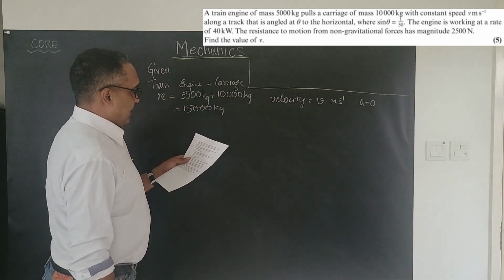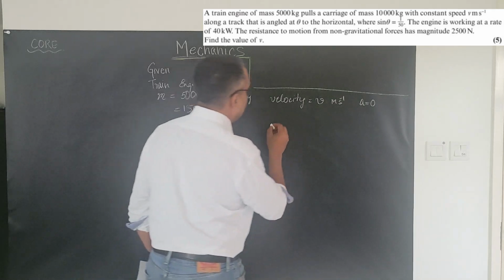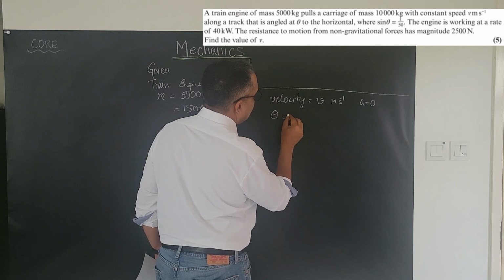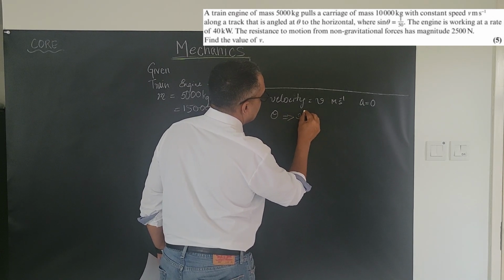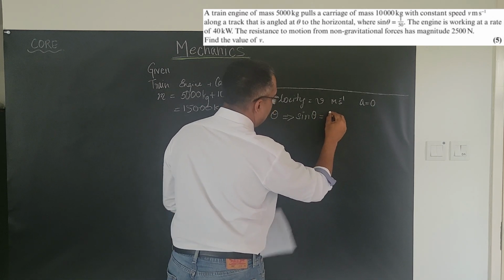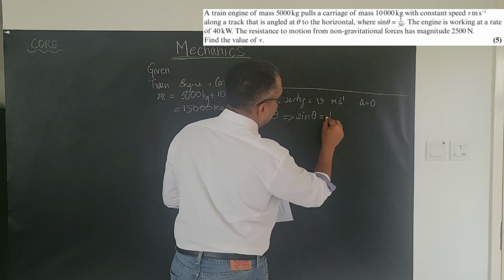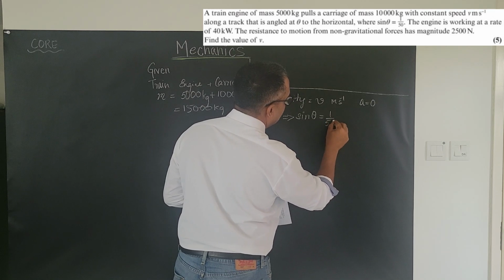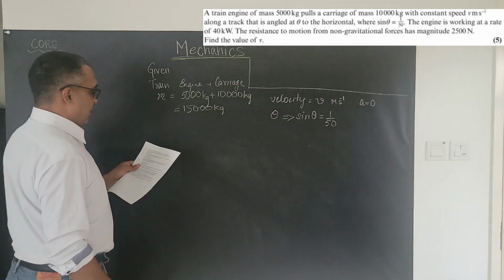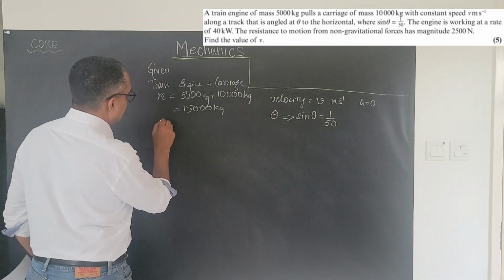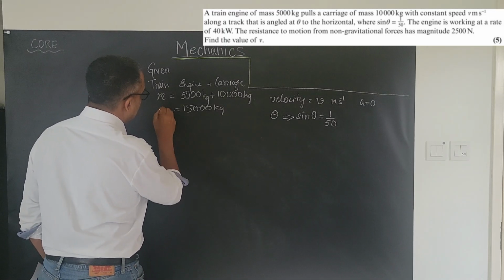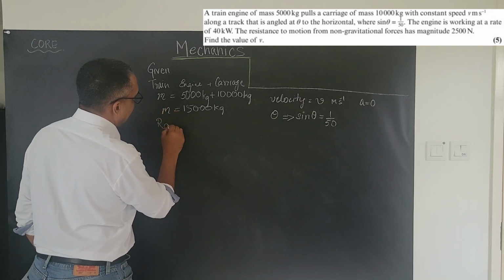Okay, and we're also given the angle theta such that sine of theta is equal to 1 over 50. Additionally, we are given, and this is what is given, let me just write m again here.